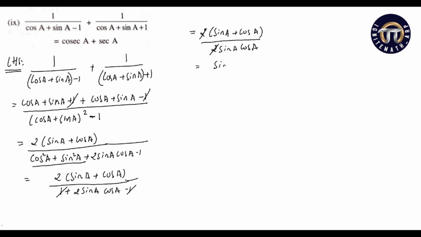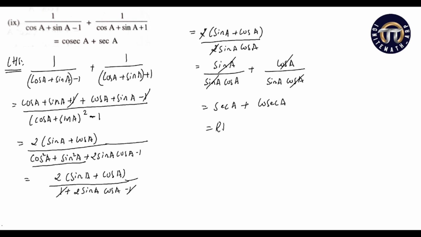So I can write this as sin a by sin a cos a plus cos a by sin a cos a. So here sin a will get cancelled, 1 by cos, that is sec a. Here cos A will get cancelled, 1 by sine, that is nothing but cosec A. So sec A plus cosec A, that is equal to RHS I am getting.